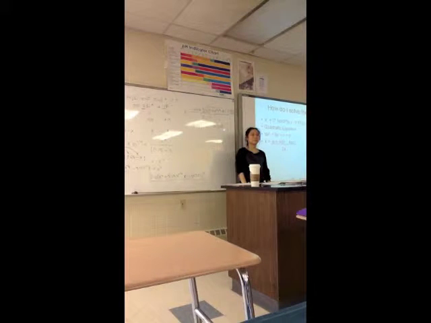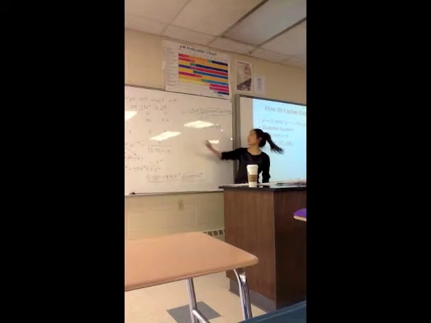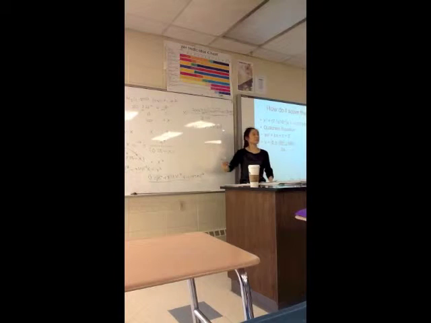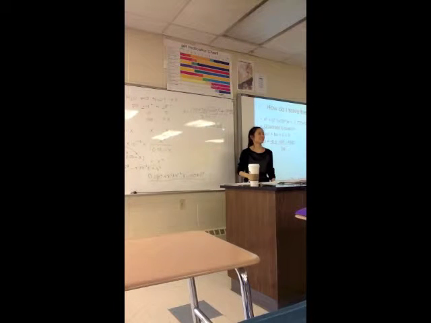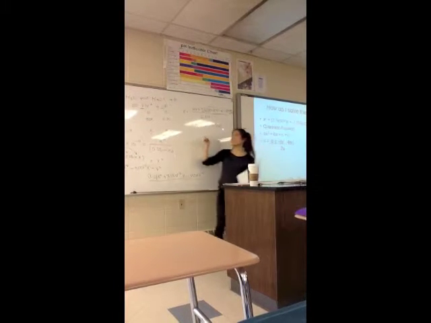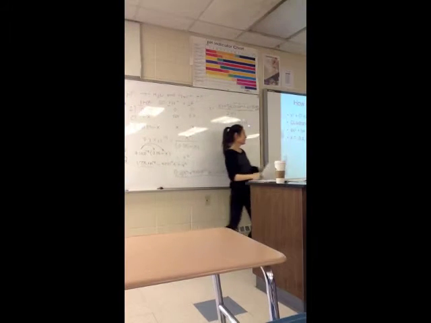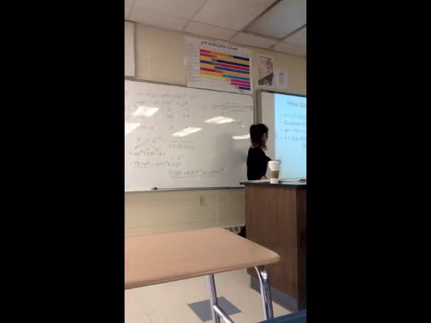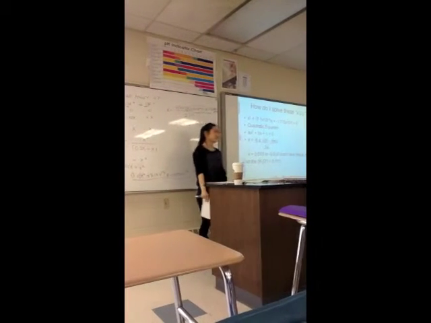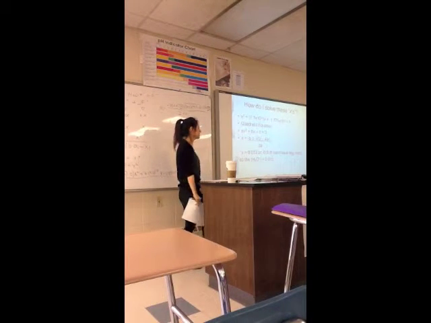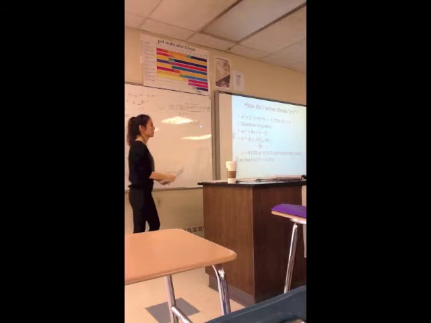Any ideas? 0.013? Why would this work? Because you can't have a negative polarity. Yes, so because subtracting a negative, we can't have a negative concentration in real life. So we're always thinking the positive one.